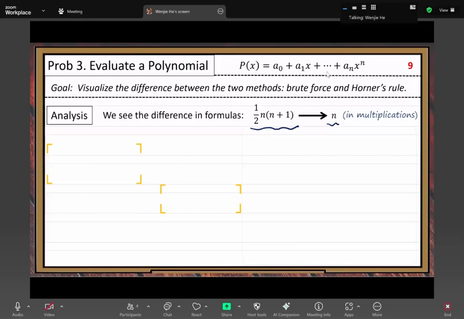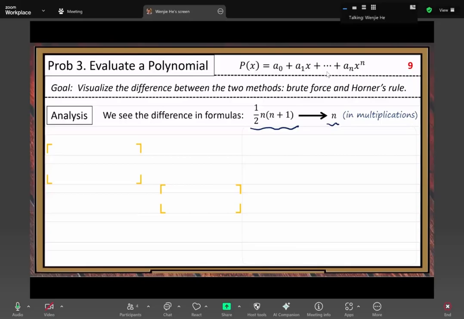But the question is, do you have some visual understanding of the improvement? Here we only see the formula difference, right? But in your mind, can you visualize how large the improvement is? Here we want to do that.